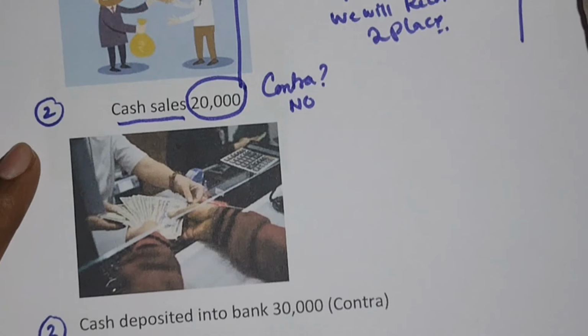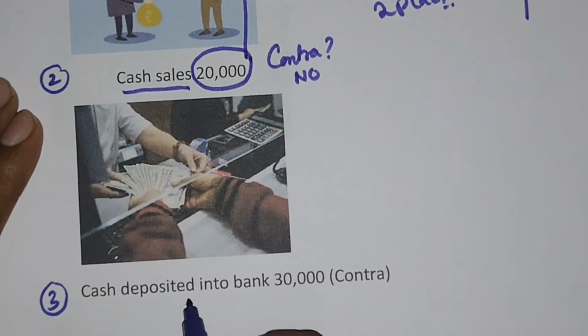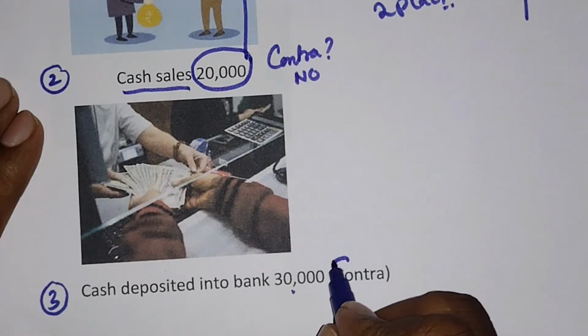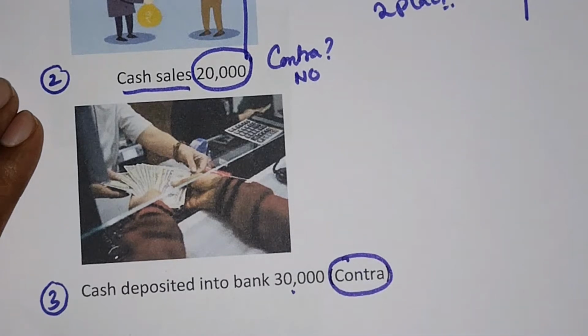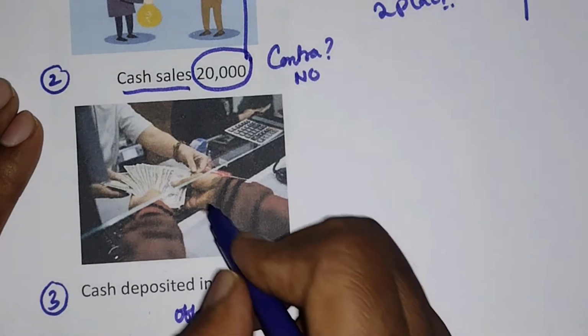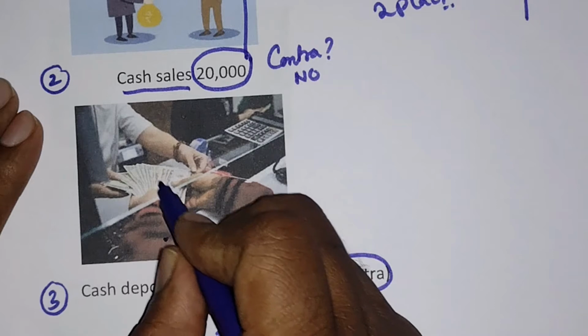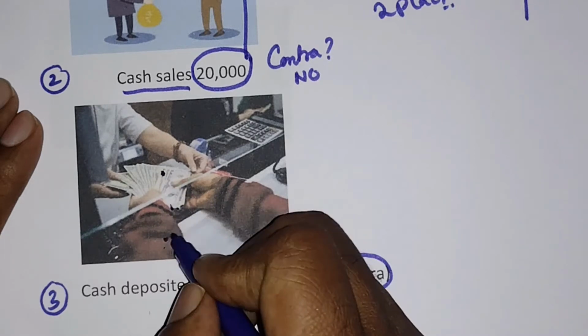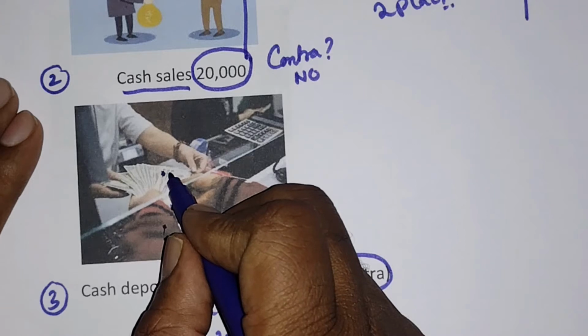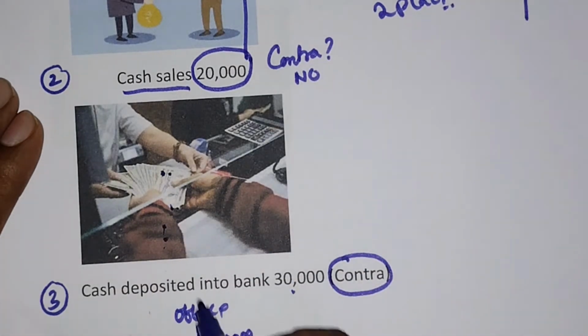Now let us see another picture. Cash deposited into bank, rupees 30,000. I have written, for your understanding, that it is contra. It means the cash in the office reduces by 30,000 and that cash is deposited into the bank. You can see that a customer is depositing cash into the bank. He brings that cash from the office.